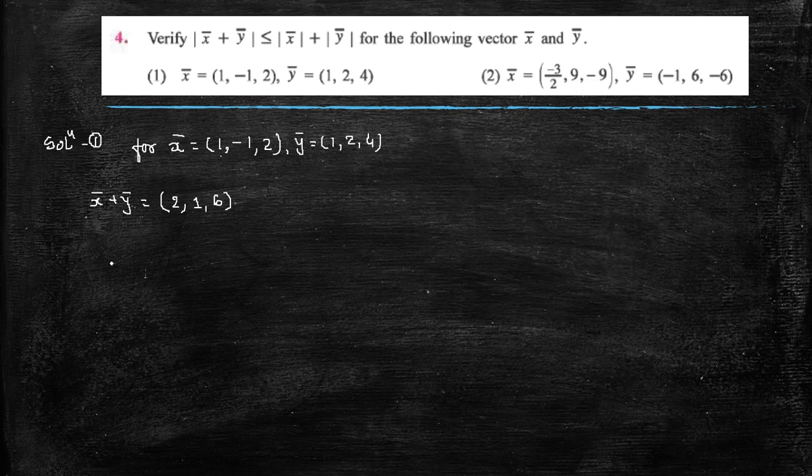Now we have to find the magnitude of x. How can we find the magnitude of x? Let us first list out the equation: x1 square plus x2 square plus x3 square, right?